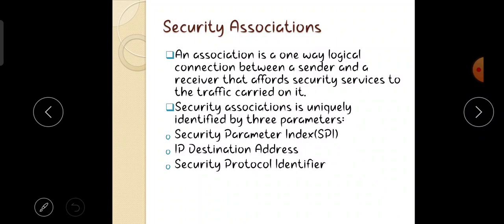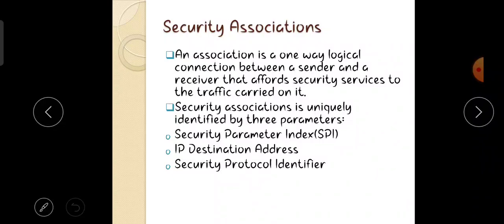That is, it provides services during the transferring of IP packets. If a peer relationship is needed for two-way secure exchange, then two security associations are required, since each is a one-way logical connection.